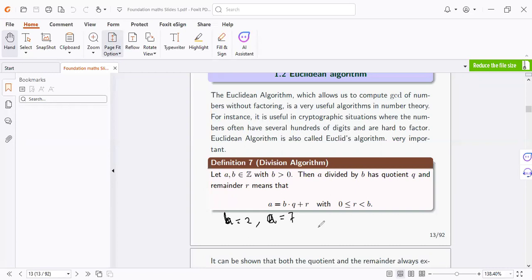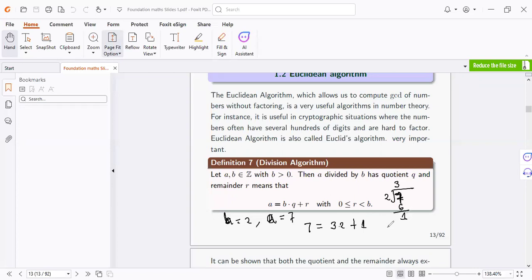What the division algorithm says is that 7 can be written as 3 times 2 plus the remainder. We're asking ourselves, if 2 is going into 7, how many times will it go there? It goes there 3 times, and 3 times 2 is 6, so the remainder is 1.